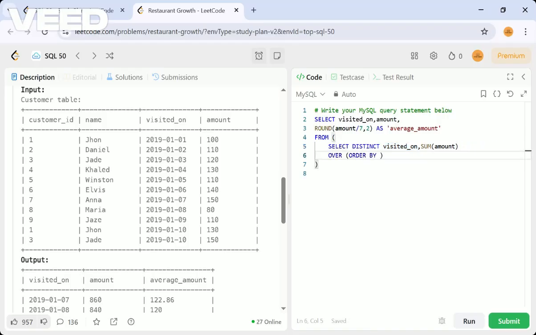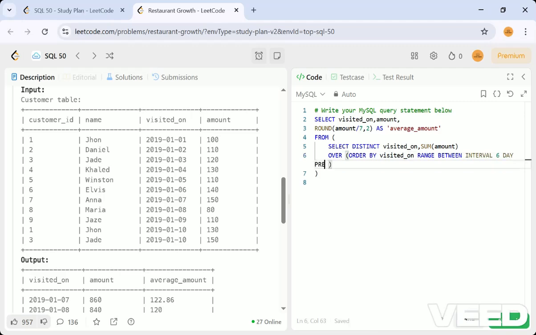Summed over listed on should be range between interval 6 day preceding and also current day, right? Current row.